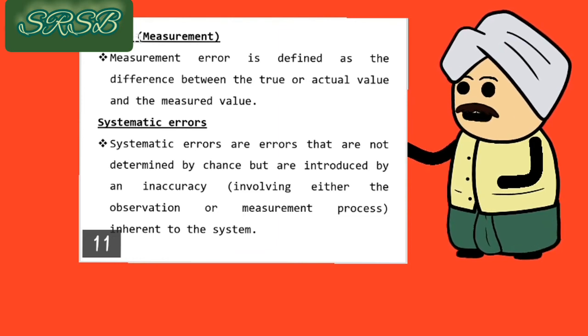Systematic errors are errors that are not determined by chance but are introduced by an inaccuracy. We do not get the accurate value, so you have to find out the systematic errors involving either the observation or measurement process, or the system.